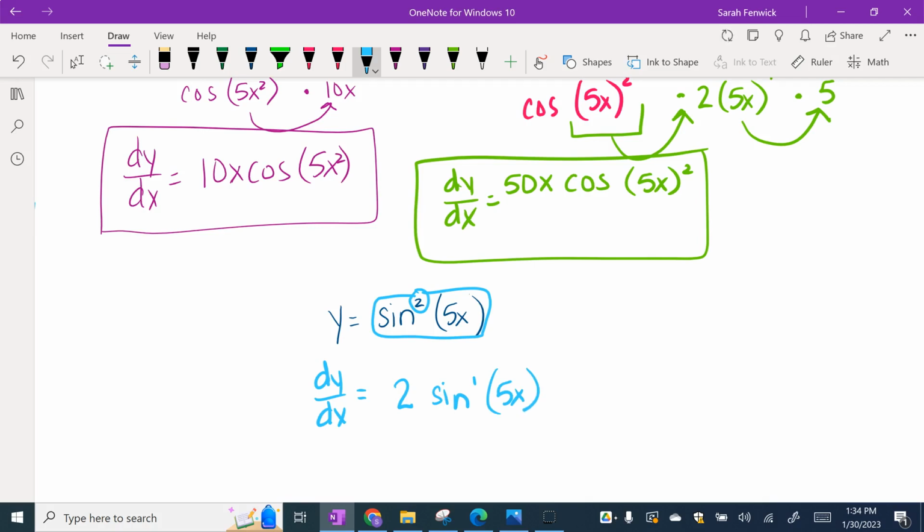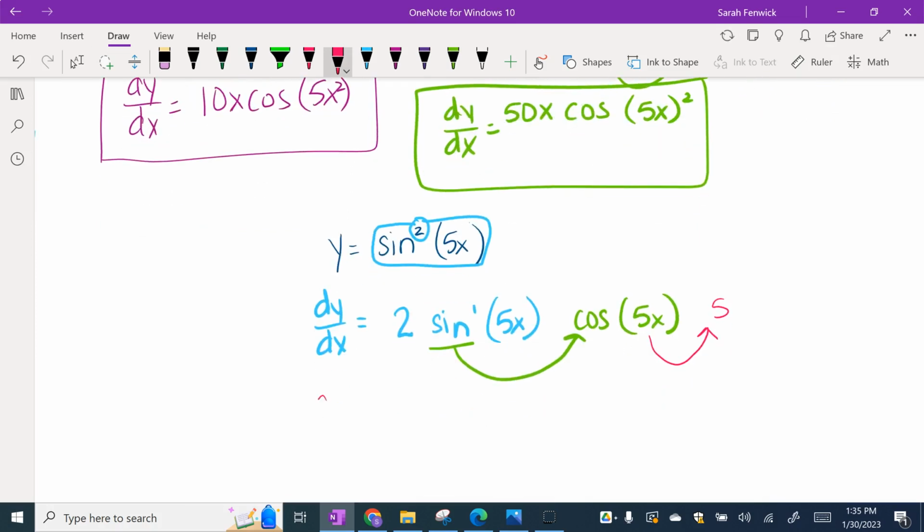Then I do the derivative of sine, which is cosine 5x. Then I do the derivative of 5x, which is 5. So this one would be dy dx, 2 times 5 is 10, sine 5x, cosine 5x.